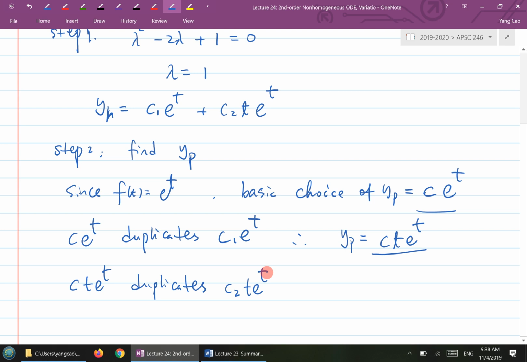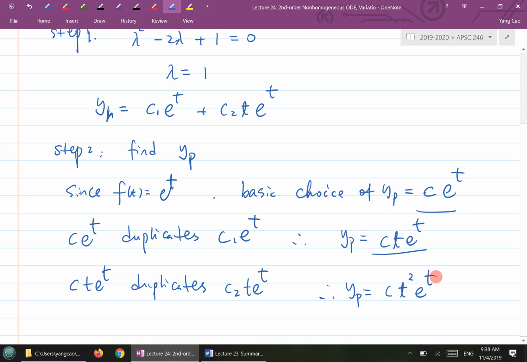So it further duplicates the second basic solution in the general solution YH. So now you have to keep modifying this YP to make it different, so times another t. Then you get C t squared e to the power of t.